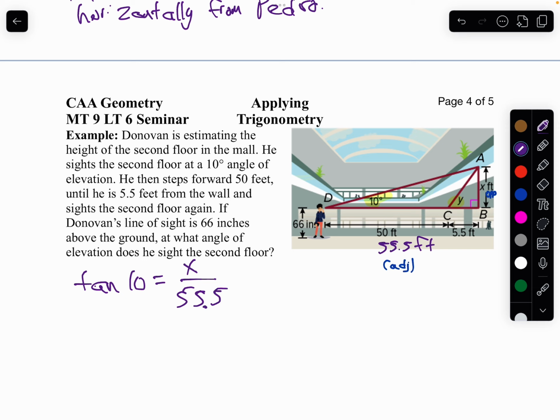So I multiply both sides by 55.5. The exact answer of x is 55.5 times the tangent of 10 degrees. And since I'm going to use this answer in the next step, I'm going to take it out a few decimals.